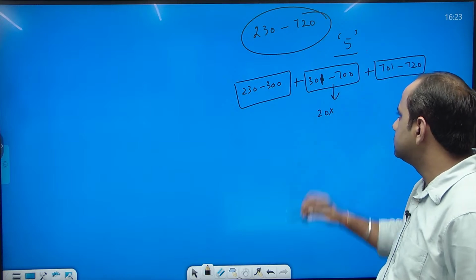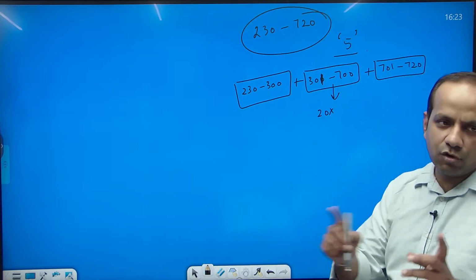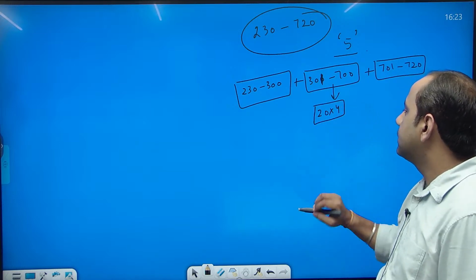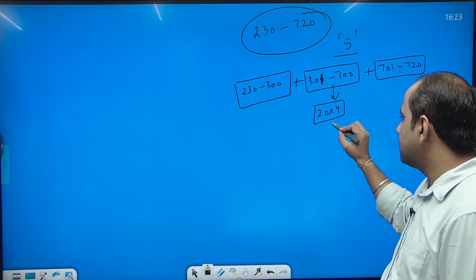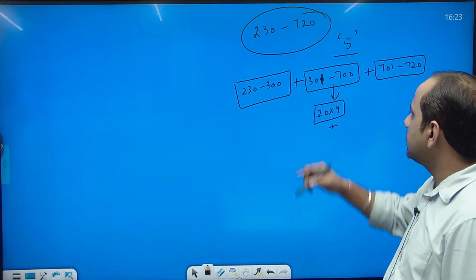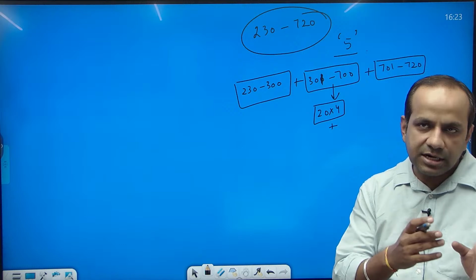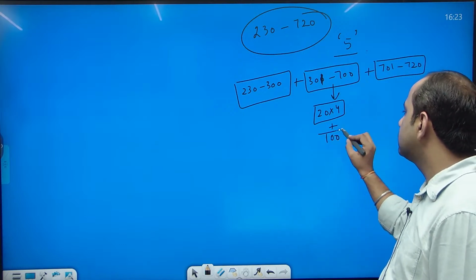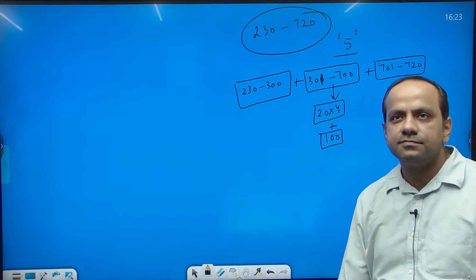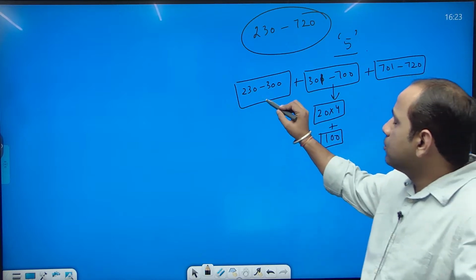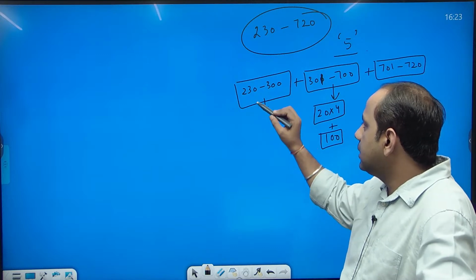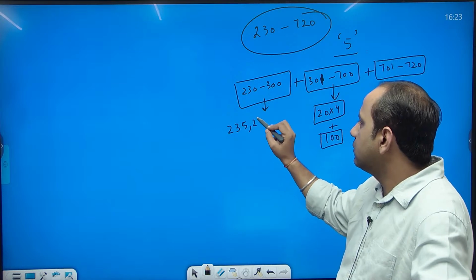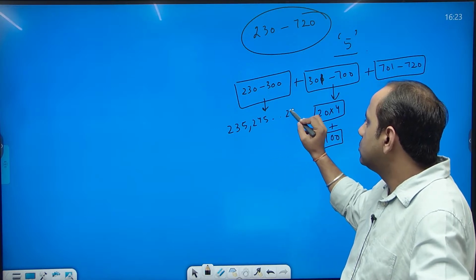So 20 into 300 to 400, 400 to 500, 500 to 600. Is it okay? But this is about unit place and tens place. Plus between 300 and 700 we have the numbers from 500 to 599. For that we are getting 100 times 5. Clear? Okay.